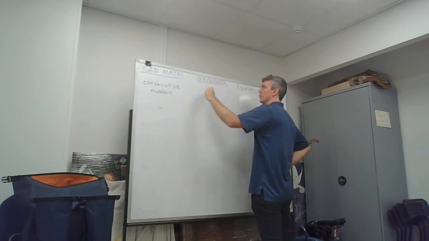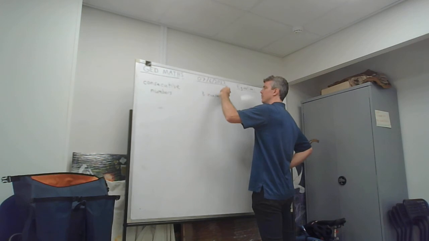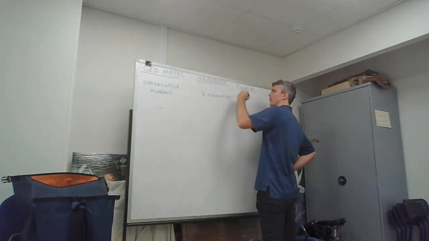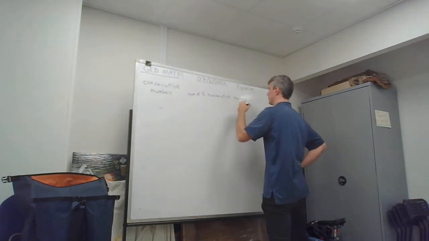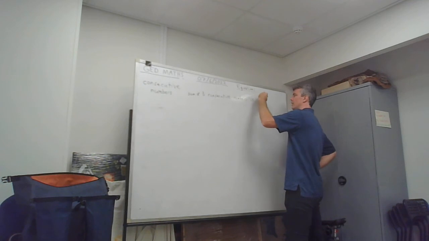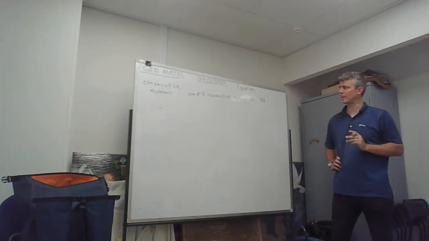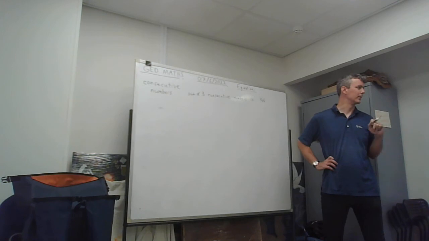The sum of 3 consecutive numbers is 96. What are those numbers?